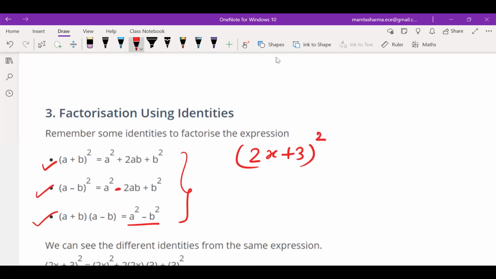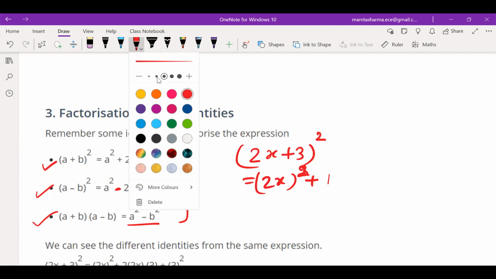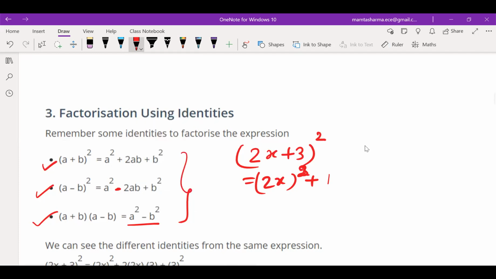So 2x whole square plus 12x plus 3 whole square.